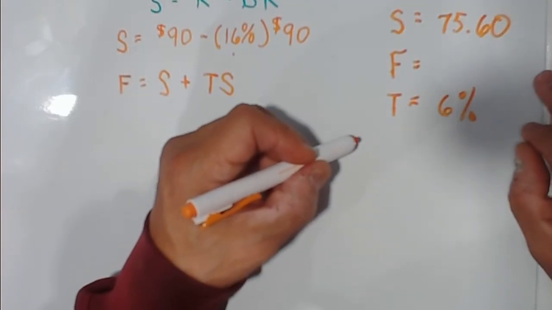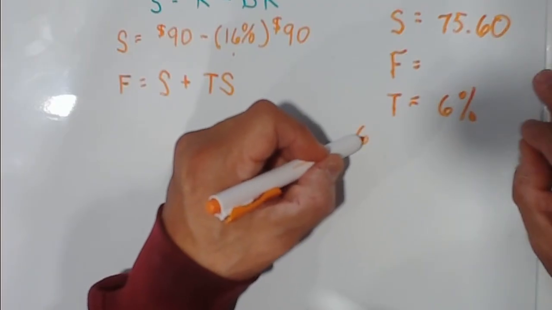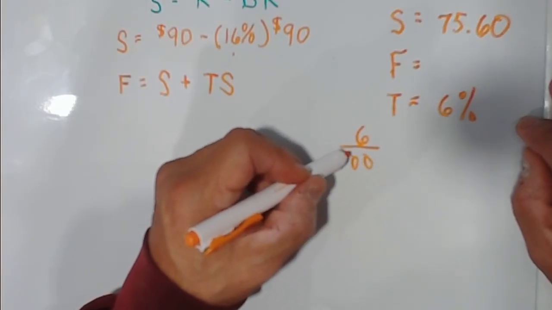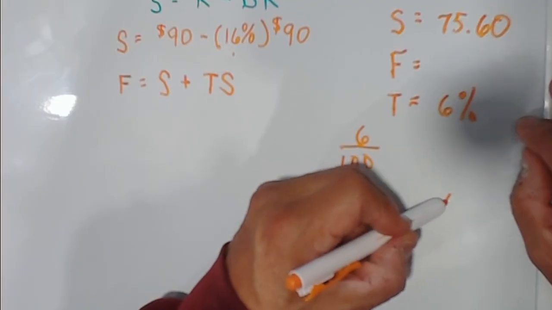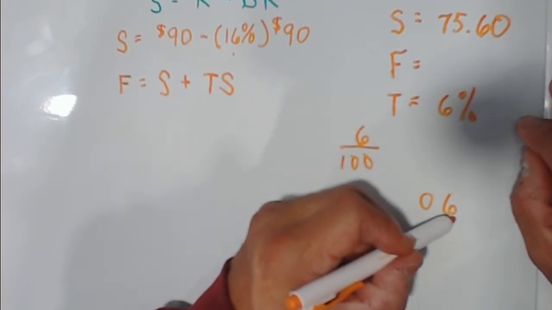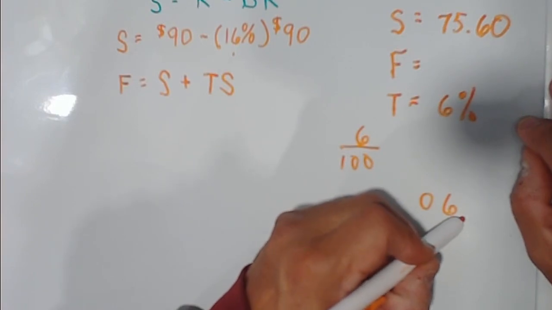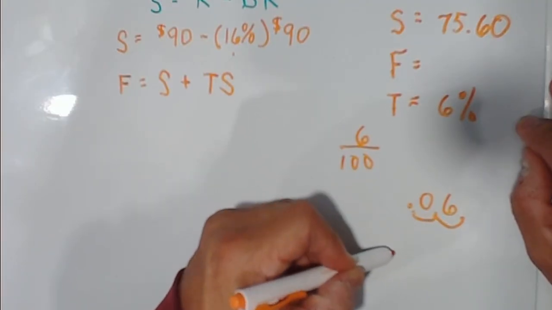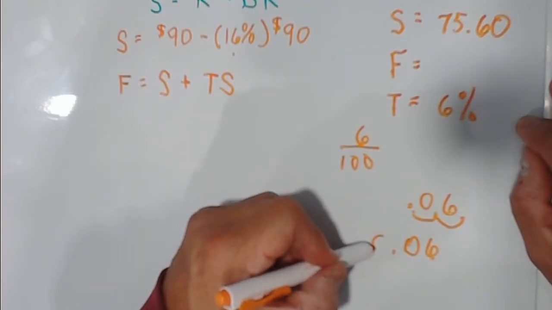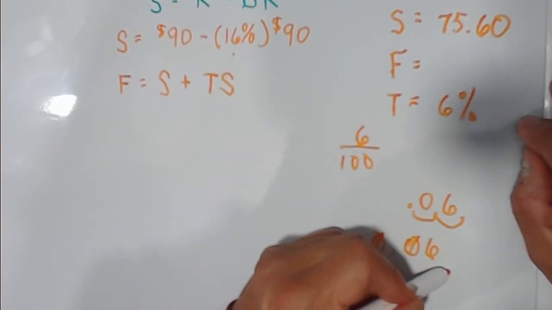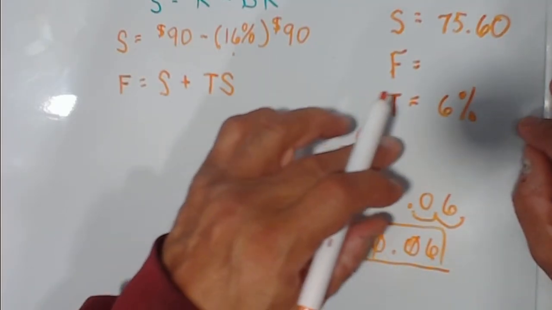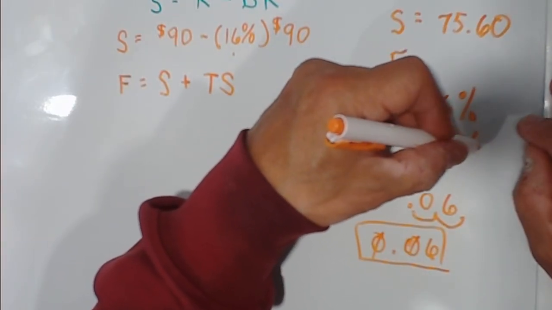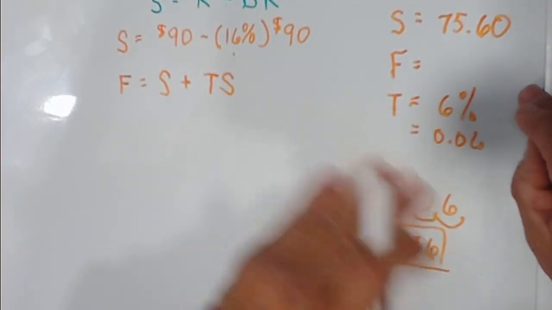We do the same thing as before: 6% means 6 per 100, so we move the decimal place over two places. It's 0.06, with a 0 in front of the decimal point. That is our tax rate, 0.06.